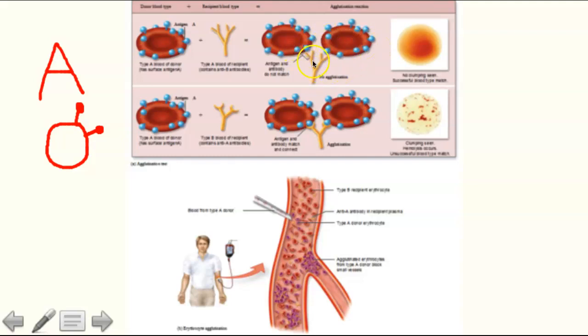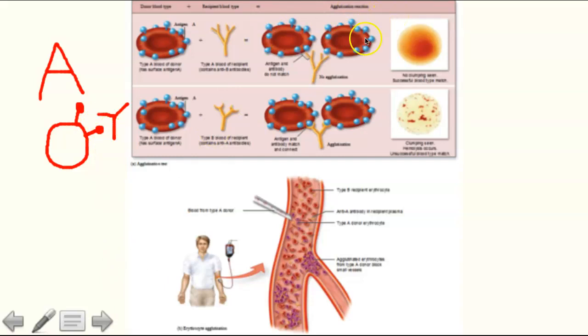Okay, so that's what we want to see. That's normal. Because the antibodies look like that and can't fit well on here, if you imagine it like a puzzle, they don't fit well.